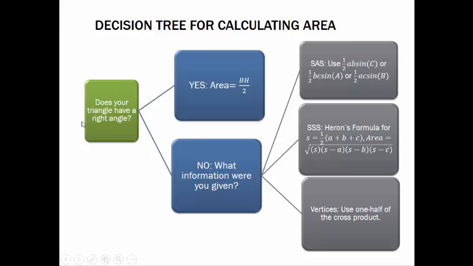So if your triangle does not have a right angle, then it is an oblique triangle. If you have enough information such as an SAS, so a side angle side triangle, then you'll use 1/2, and this is really base times height. If you'll recall, when we were building law of sines, this similar expression came about where height was equal to b sine of c if you were given a triangle such as this, so side angle side.